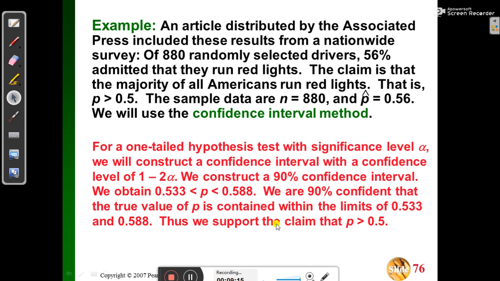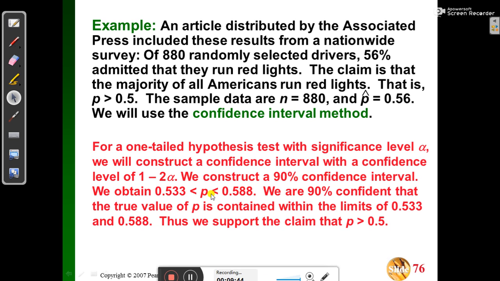So we can support the claim that p is greater than 0.5 because here you can see 1 minus twice alpha is 0.05 into 2, that is almost 1. So that is why we can say almost 90% confidence interval. So a 90% confidence interval means that we obtain 0.533 less than p less than 0.588.